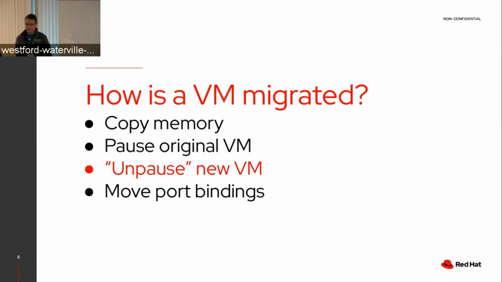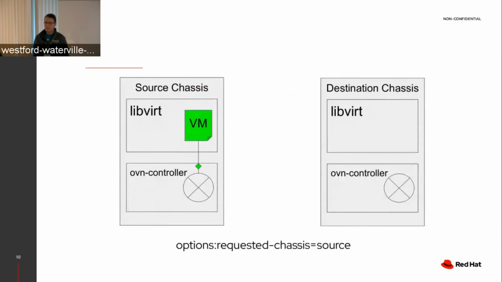At this point, any software that was running in the VM resumes, which is fine, except there's one thing missing. There's still no network connectivity. So you also need to configure your network solution to serve the ports that belong to the VM in the new place.